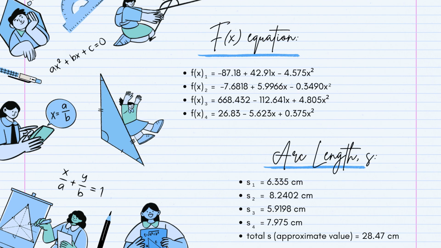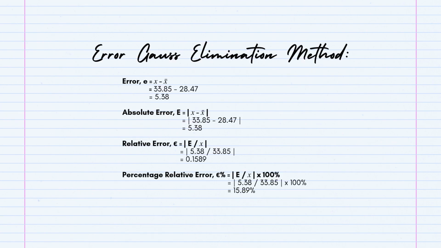After we total up the arc length, we get the approximate value of 28.47 cm. The area that we found using the Gauss elimination method is 5.38, and the relative area is 0.1589, and the percentage relative area is 15.89%.